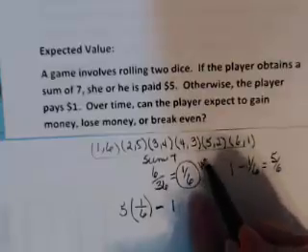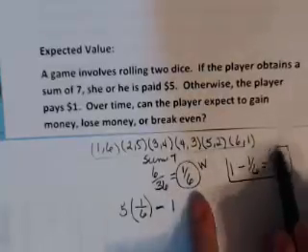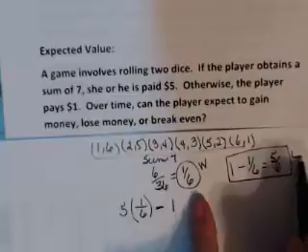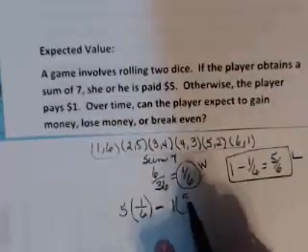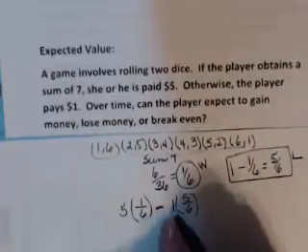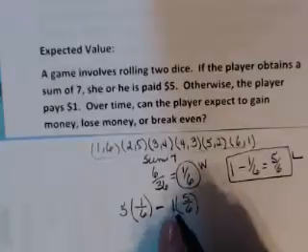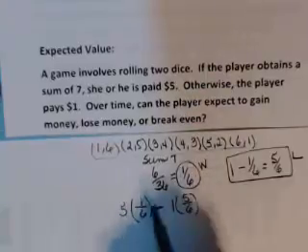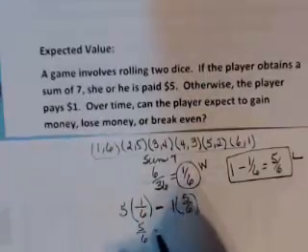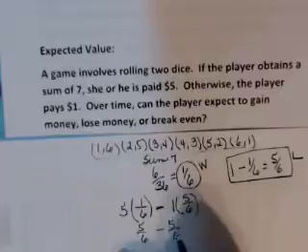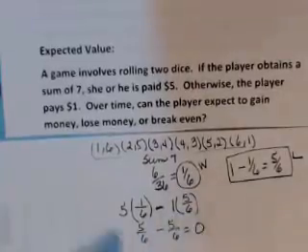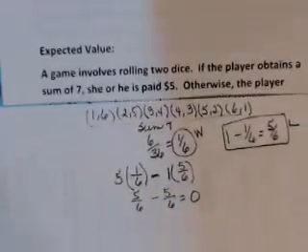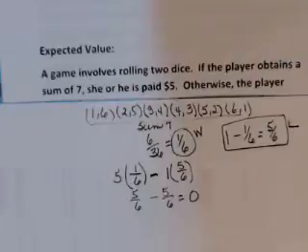So this is the probability of winning. This is the probability of losing. So 5 out of 6 times I'm going to play this game, I'm going to pay $1 and lose it. So when I multiply these together, I get 0, which means that if I play this game over a long period of time, I'm going to just break even.